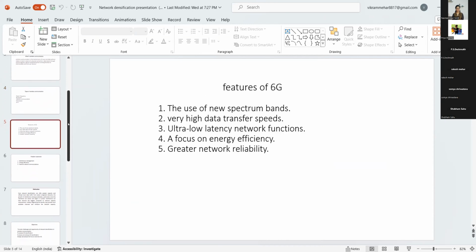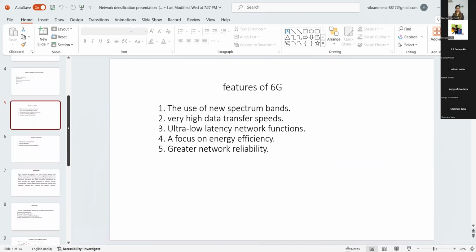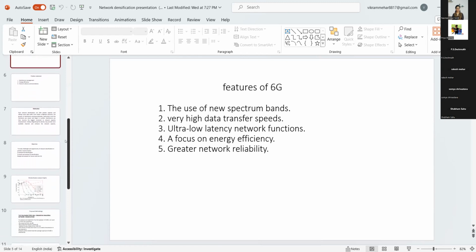So the next point is the features of 6G: the use of new spectrum bands, very high data rate speed, ultra low latency, better network performance, and greater network reliability.